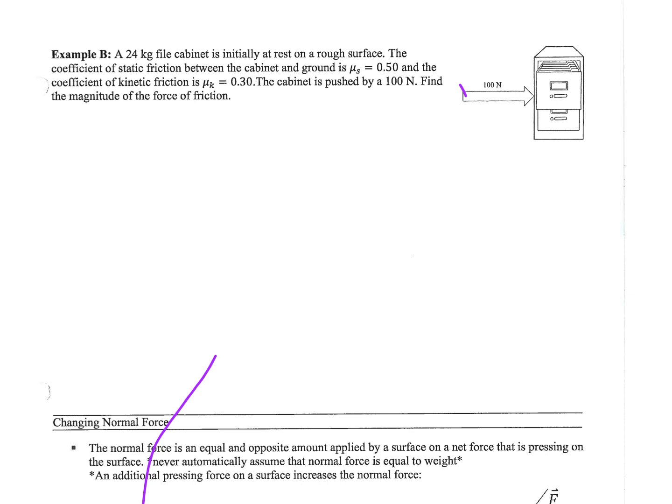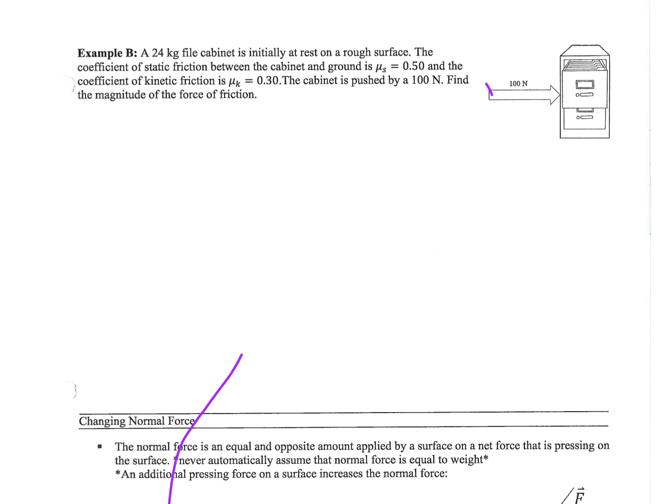Okay, here we go. A 25 kilogram cabinet is initially at rest on a rough surface. The coefficient of static friction between the cabinet and the ground is mu sub s, and the coefficient of kinetic friction is 0.3. By the way, static and kinetic friction coefficients are usually between 0 and 2.